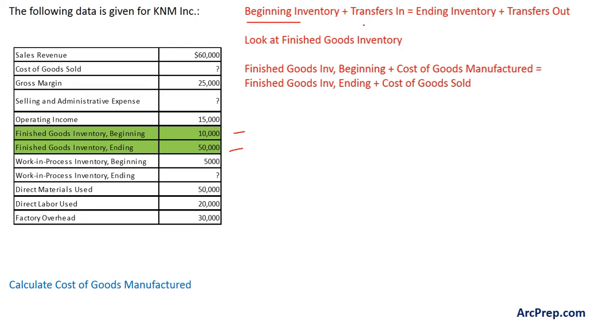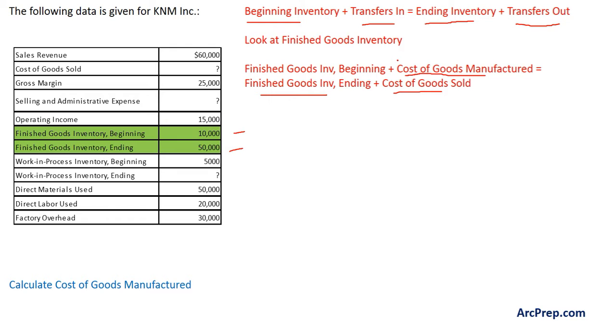Beginning inventory plus transfers in is equal to ending inventory plus transfers out. So if I apply that to finished goods inventory, it's going to be finished goods inventory beginning plus transfers in, which is cost of goods manufactured, is equal to ending inventory plus transfers out, cost of goods sold.